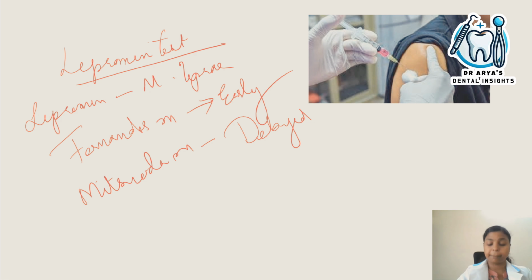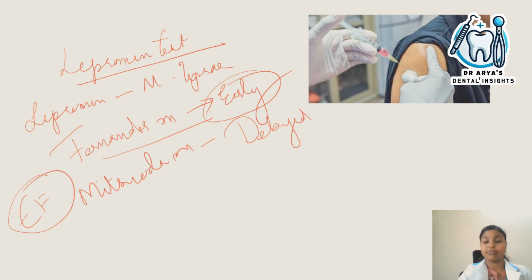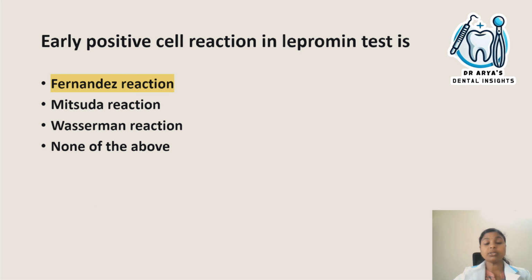So this is the Mitsuda reaction, and this is the delayed granulomatous lesion appearing after 3 to 4 weeks. So the early reaction is Fernandez. Okay, so EF. Early reaction is Fernandez and delayed is Mitsuda reaction. So the early positive cell reaction in lepromin test is Fernandez reaction.